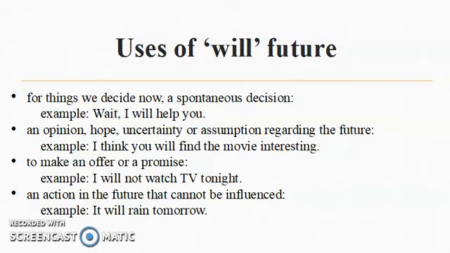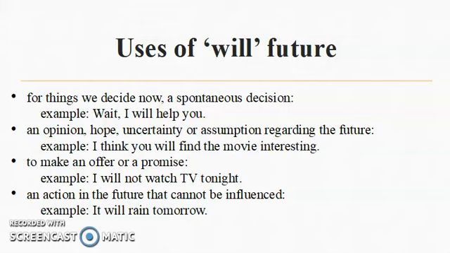So let's have a look at the uses of will future tense. We use it for things that we decide now, like an instant decision. For example, wait, I will help you. We use it for an opinion or a hope, something that might be uncertain, or an assumption regarding the future.